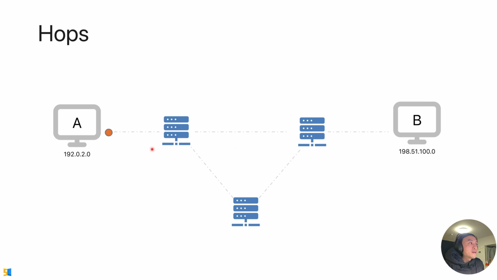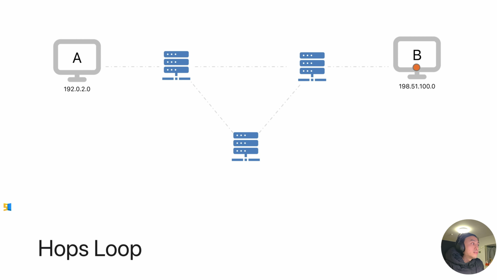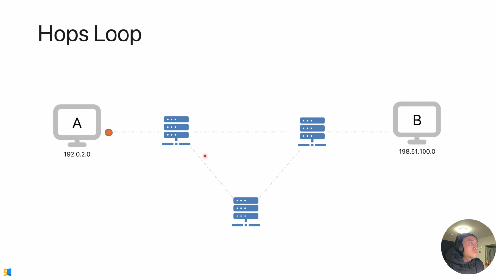In this case, we have 2 routers in the middle. So when A sends data to B, it will have 2 hops, 1 and 2, right?